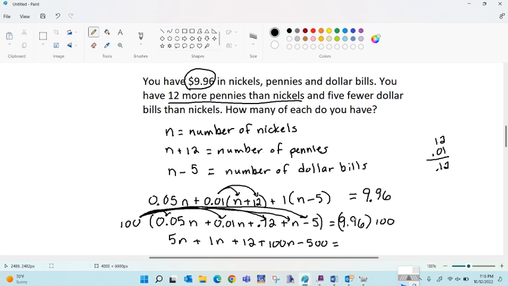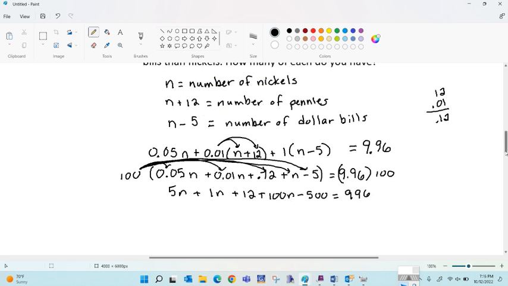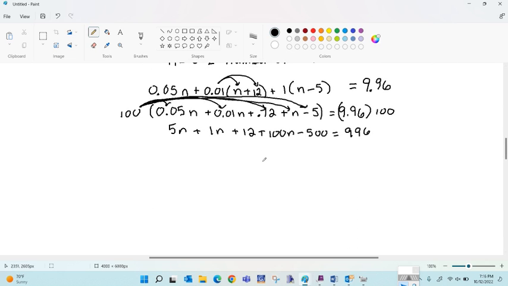Over here, 100 times 9.96 is 996. So I've just gotten rid of all of my decimals. So 5n and 1n is 6n plus 100n, I have 106n.